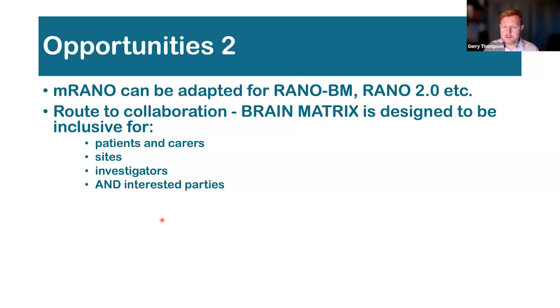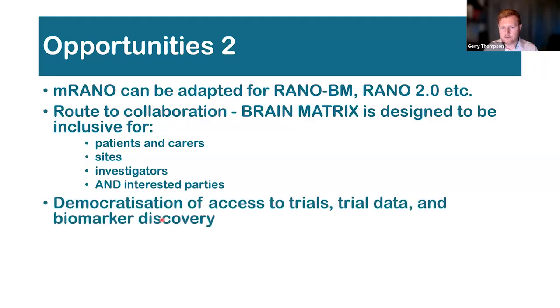And it also opens the way to interested parties. You could be an AI researcher or have nothing particularly to do with brain tumours, but you think, well, I can contact networks like the Tessagil Imaging Network or the Brain Matrix and get access to their platform and their data to outline and test some of the approaches that I think would work.